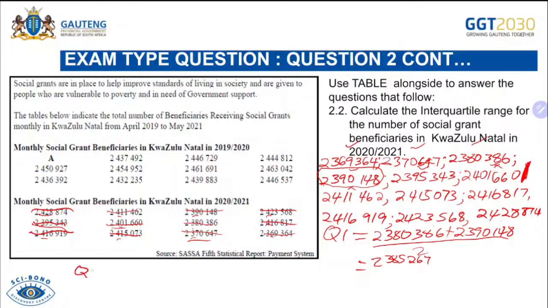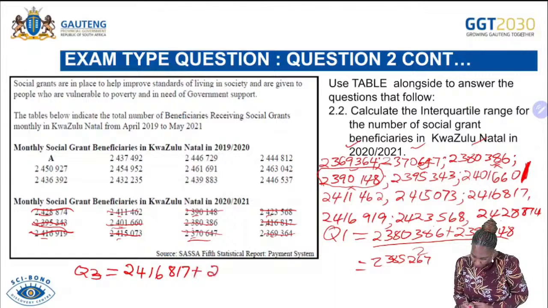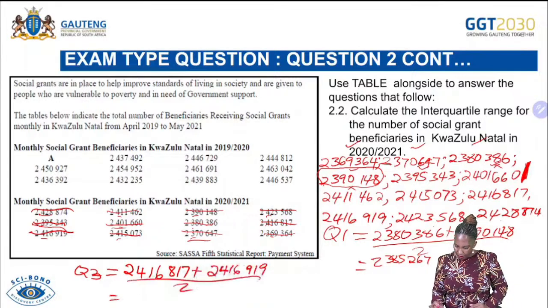Then let me quickly do my Q3. Okay, it will be 2416817 plus 2416919.